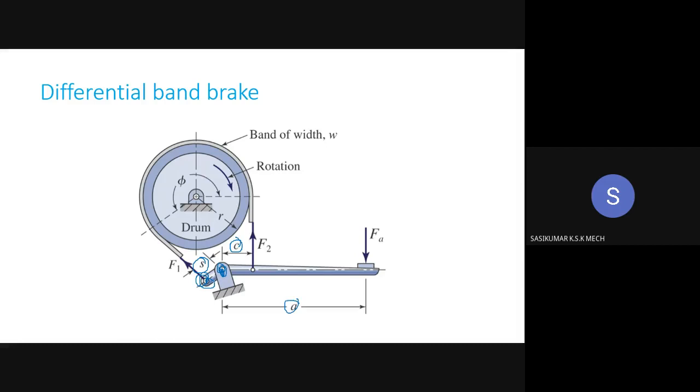The advantage of this brake compared to the simple band brake is that it needs minimum effort, so the operator can apply minimum force to engage the brake. That is what is called a differential band brake.